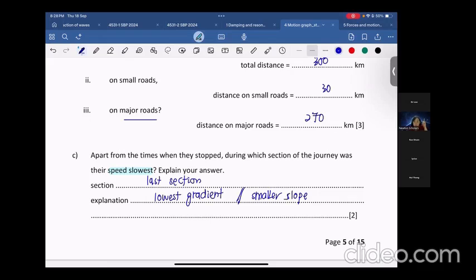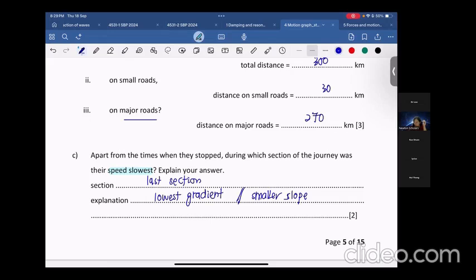Okay, boys and girls, you go to part D. Can you calculate the average speed for the whole journey? Your answer must include the unit. 4 marks. For 4 marks, please write formula, substitution, final answer, and unit.